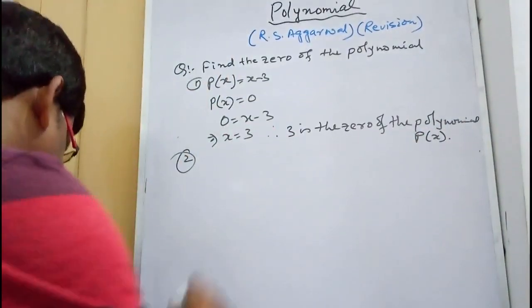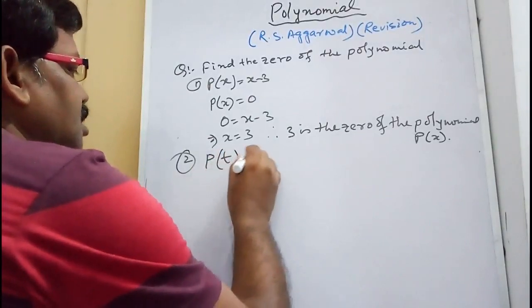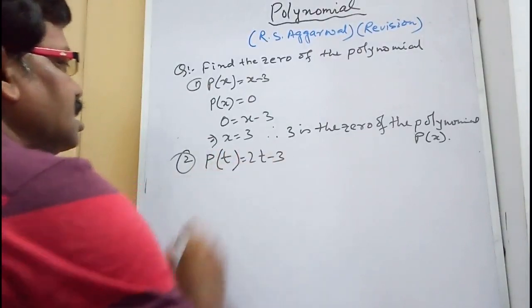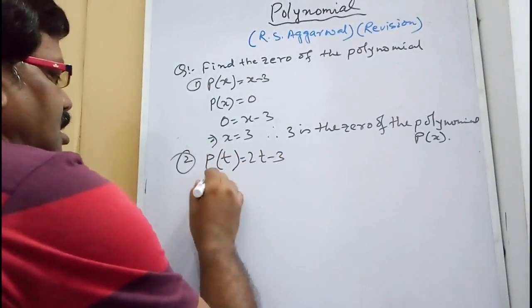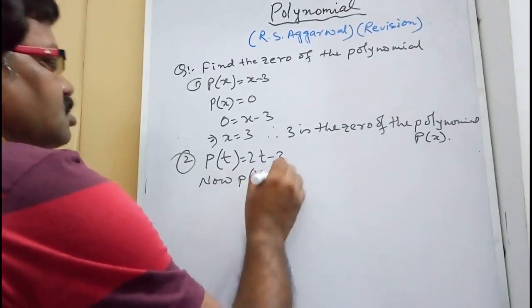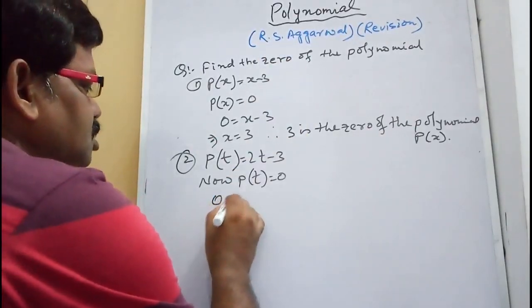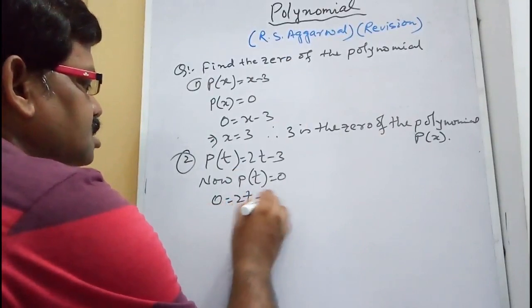Next, p(t) equal to 2t minus 3. Now p(t) equal to 0 as we find the zero of the polynomial. So 0 equal to 2t minus 3.